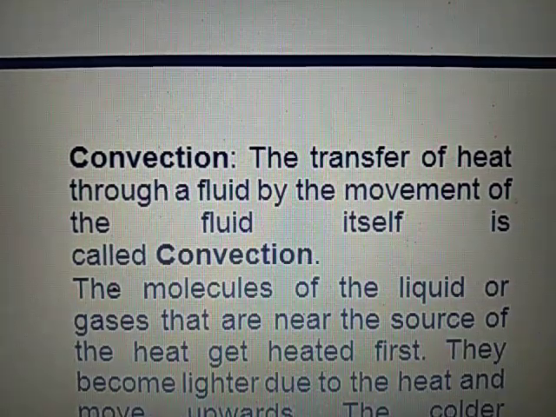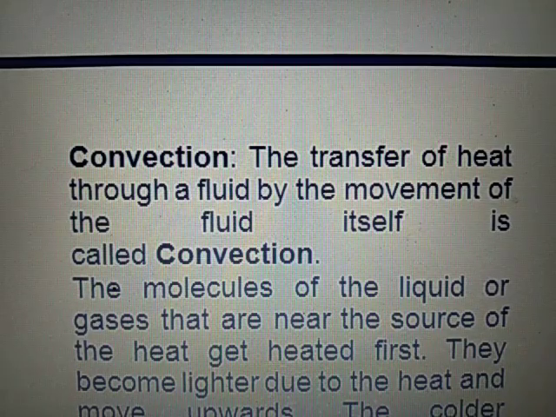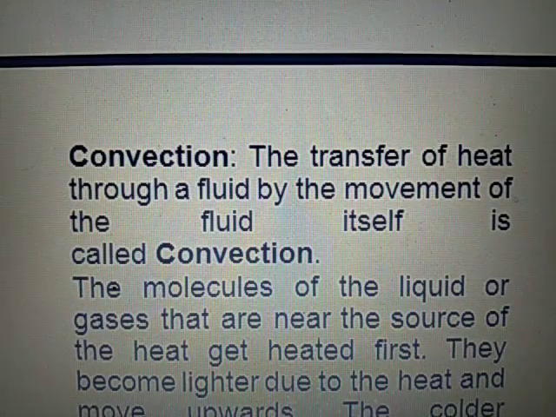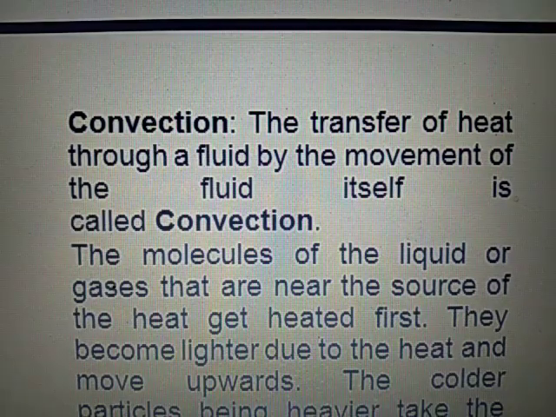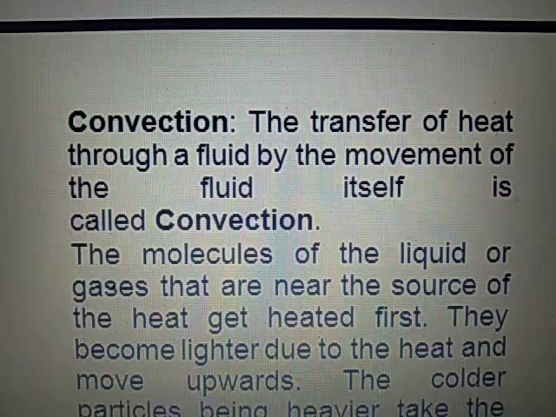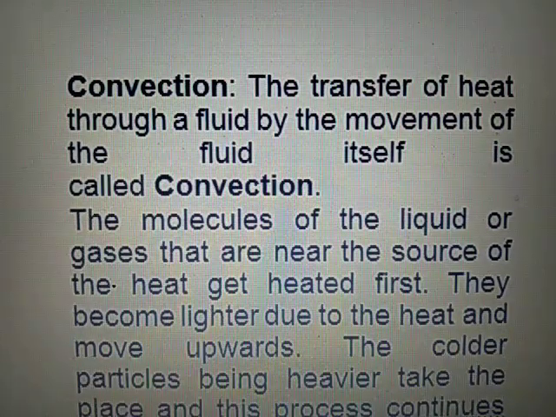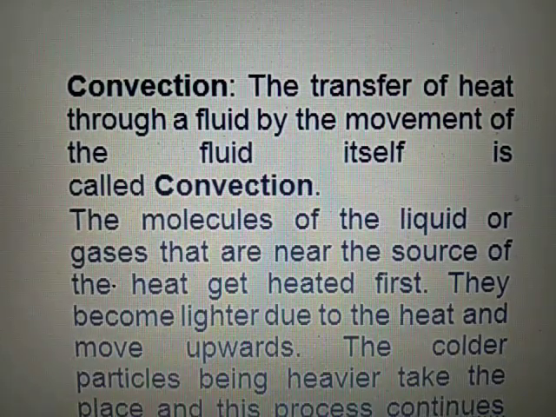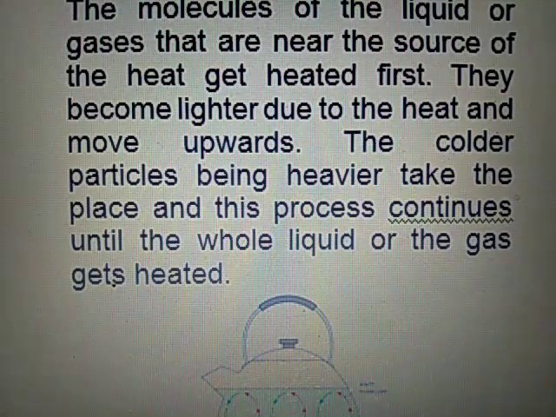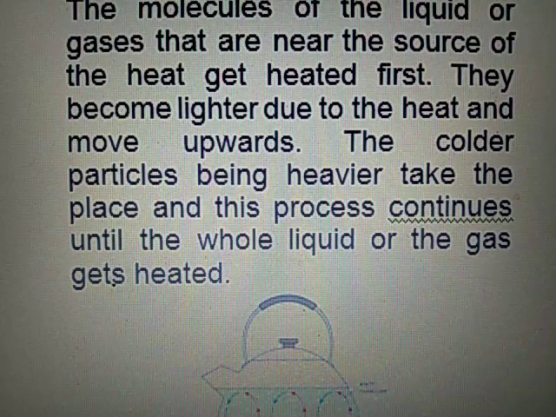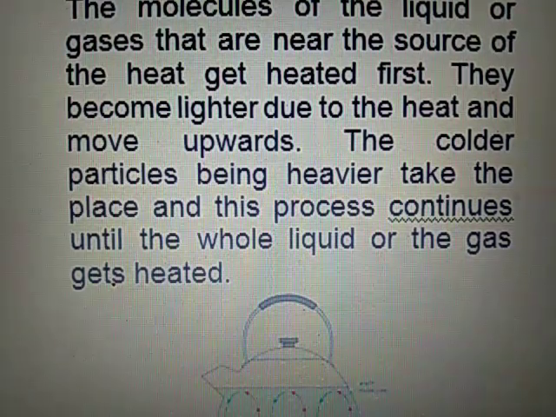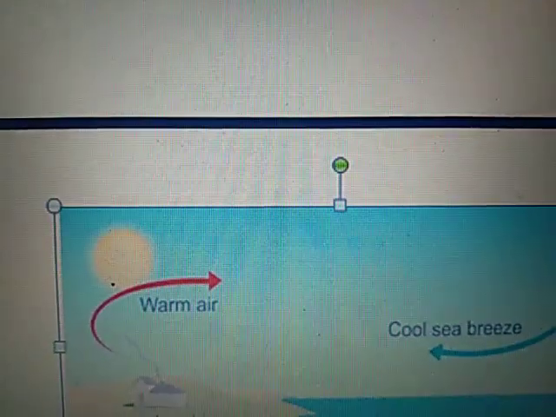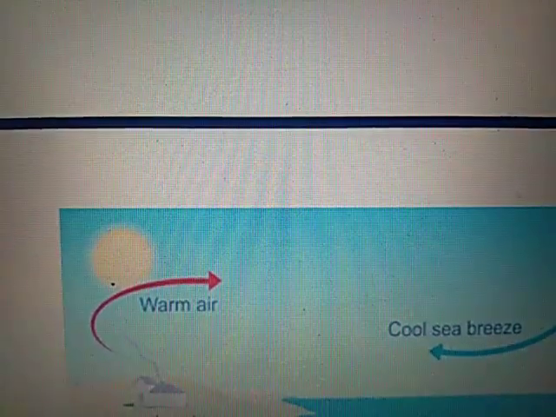This method, convection, will not take place in solids because particles of solids cannot move. The molecules of liquids and gases that are near the source of heat get heated first and move, and the next colder particles get heated and move, and in this way it takes place throughout the material.